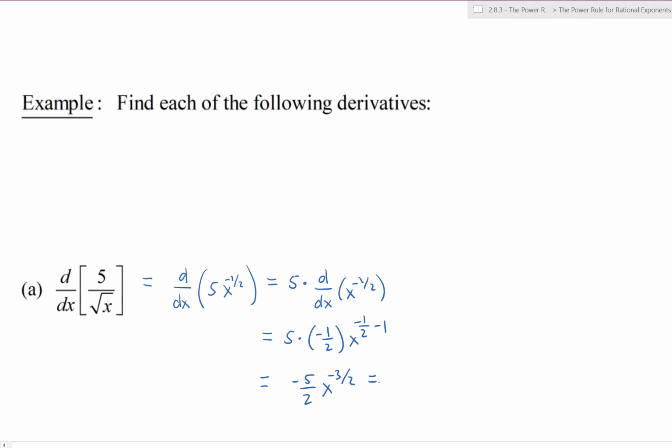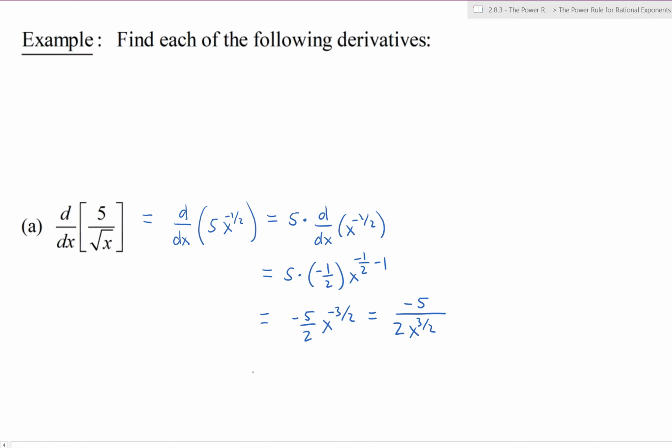However, just to see it once, this is really the same as writing negative 5 over 2x to the positive 3/2 power, which is the same thing as saying negative 5 over 2 square root of x cubed, or otherwise known as negative 5 divided by 2 times x root x.